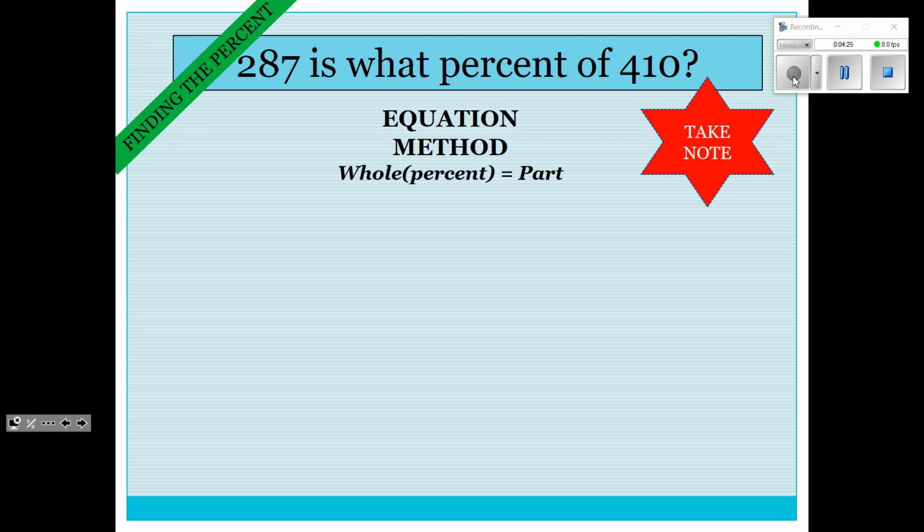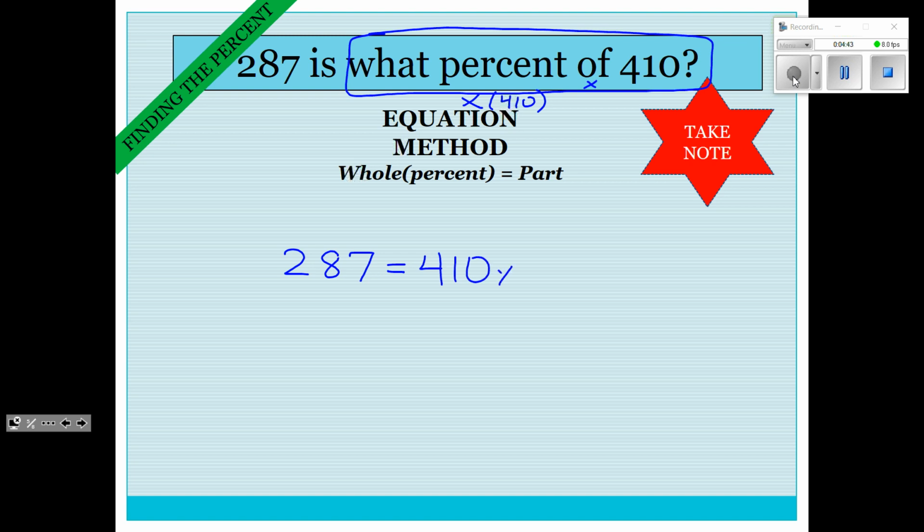$287, so we write 287 is, which means equals, and if you look at this next phrase, what percent of 410? What percent is our unknown. We're multiplying that times 410, so when we write it, we write 410 times x, 410x. Now to solve for x, we divide both sides by 410.